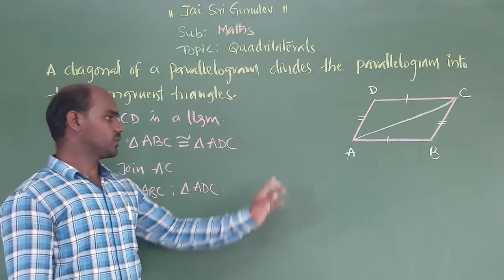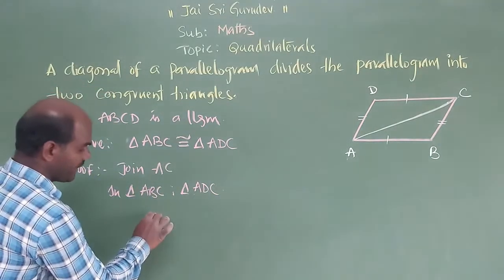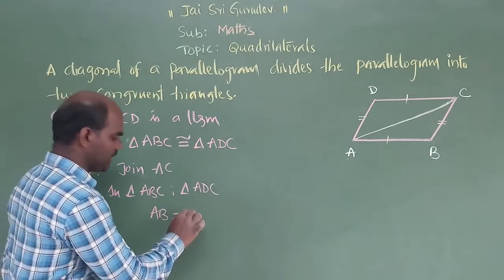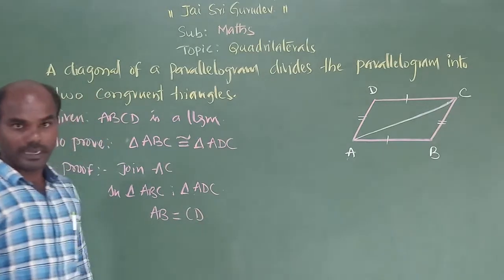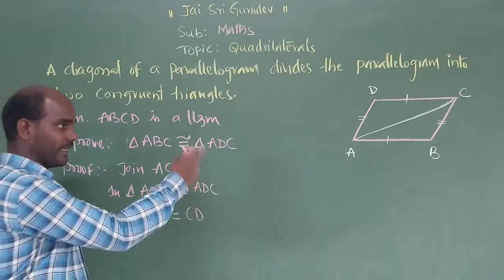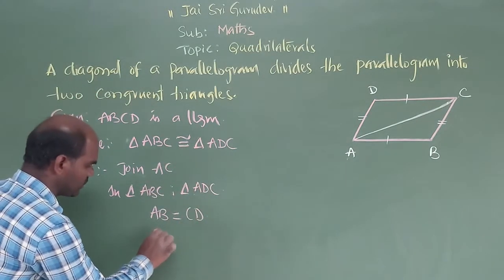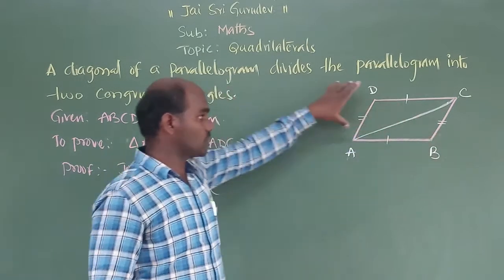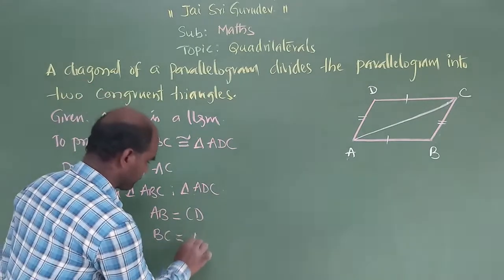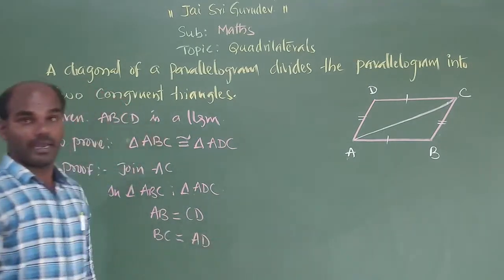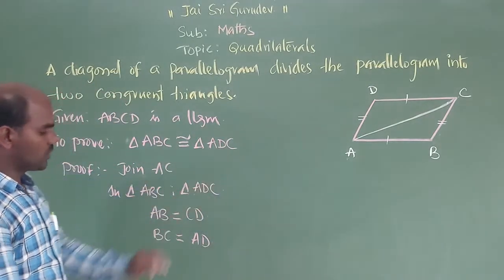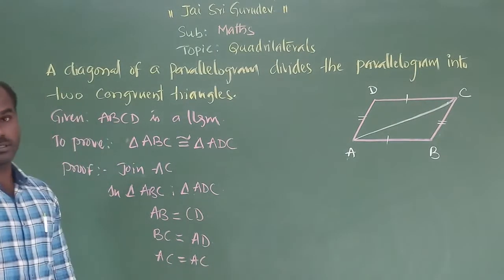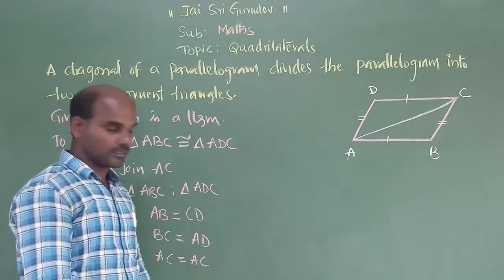Yes or no, children? Therefore AB is equal to DC. Next, BC is equal to AD. Okay, and as well as AC is equal to AC. Yes, so this is a common side. Yes or no, children?